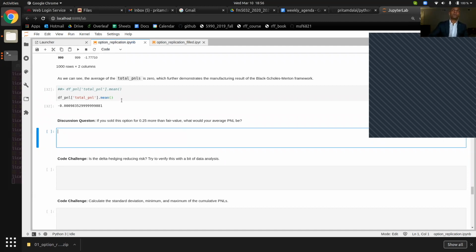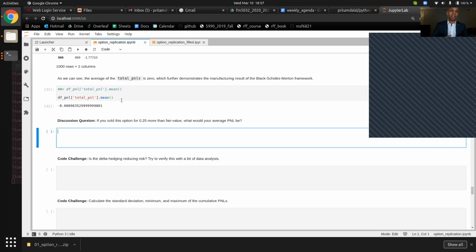Whereas if we sold an option for fair value, in our case 2.25 was fair value because we calculated an implied vol from that and then used that implied vol to generate our scenarios, which is basically like saying the actual realized volatility of the underlying is going to reflect that implied volatility.